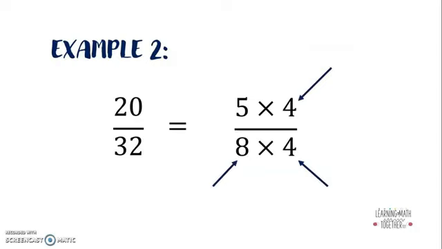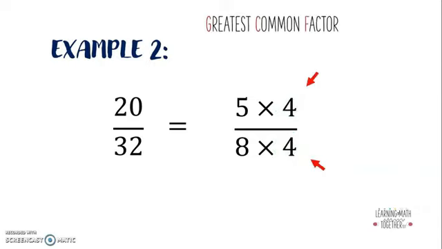Look at these numbers. These numbers are actually composite numbers, and you can still factor them out. However, it is useless for us to refactor these numbers because we have found already the common factor. By the way, we call this number the greatest common factor, or simply called the GCF.